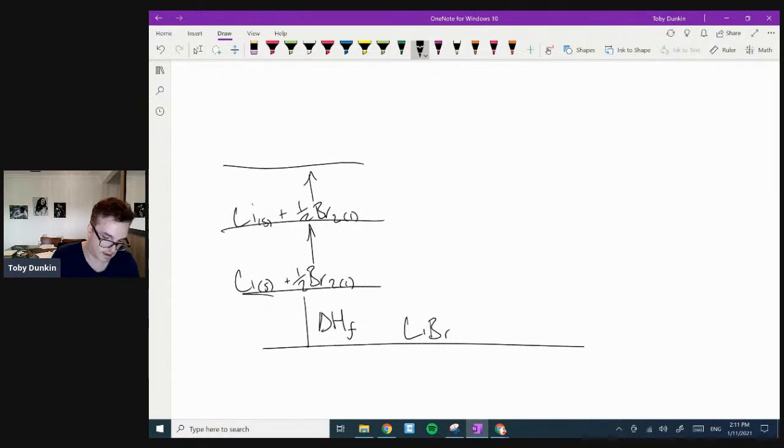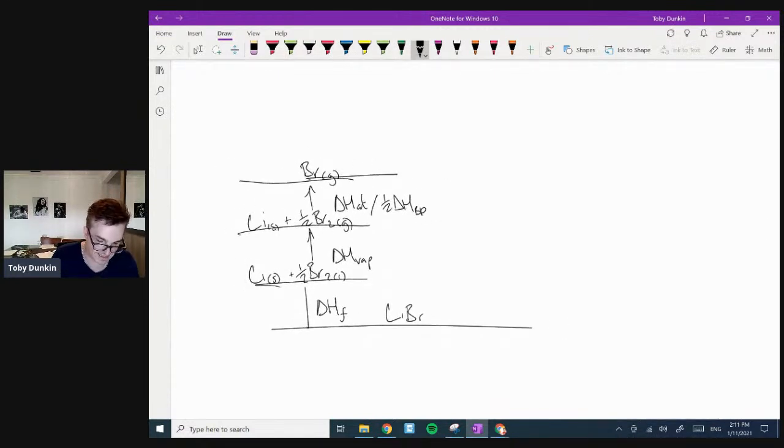Then we're going to split it up to make Br2 as a gas, and then Br gas. So this one's delta H vap. This one is delta H atomization would be better, but they're probably going to give me bond enthalpy, which means I need half the delta H bond dis. And then if we then do the next one, we'd have to extend this arrow outwards so that we could then drop down here to do, oh, hang on a sec, we can't.